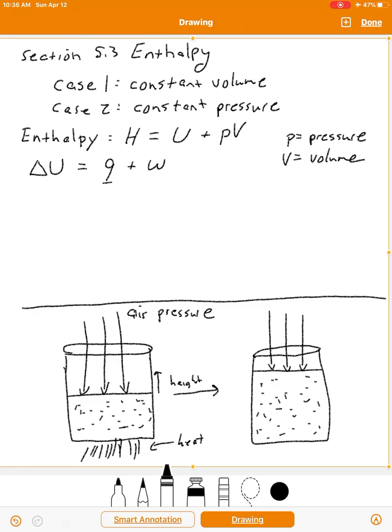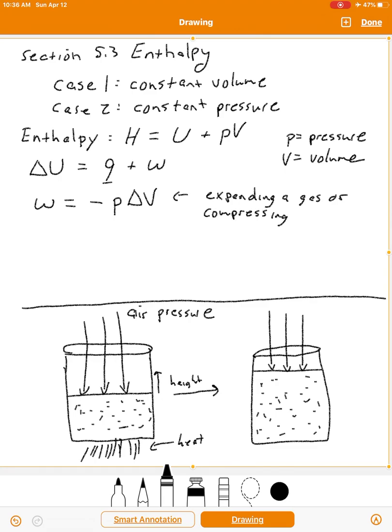But now I'm going to go back to defining work a little bit more precisely. There is a specific type of work which is equal to negative P delta V. Okay, so this is the work of expanding a gas or compressing a gas.